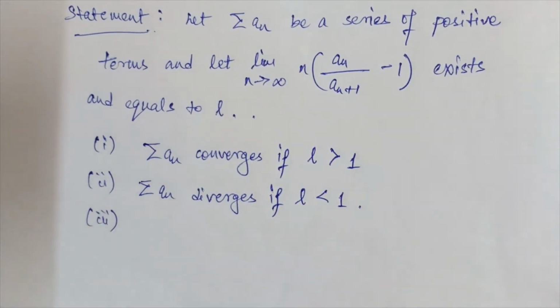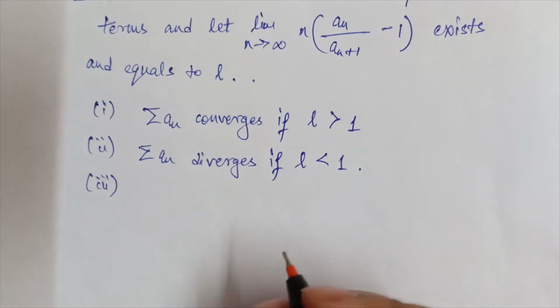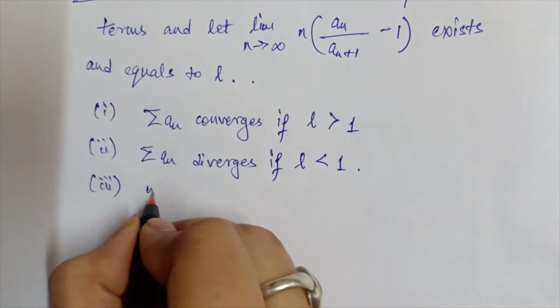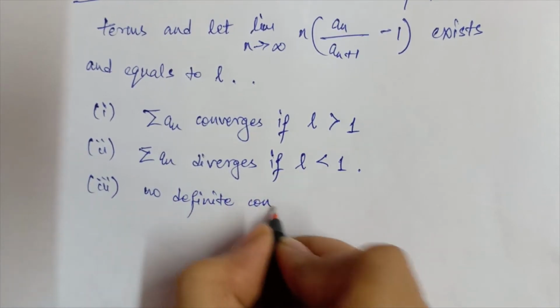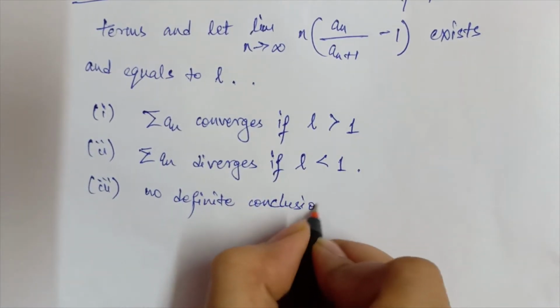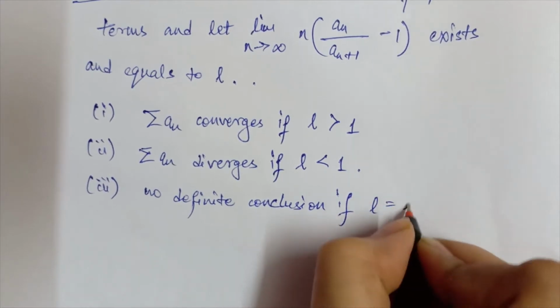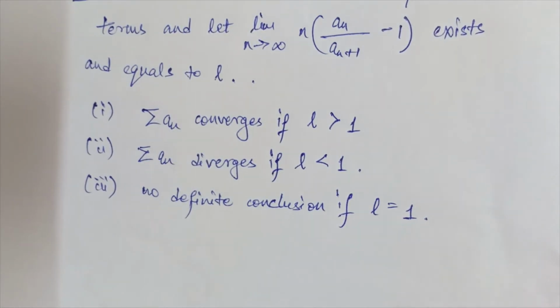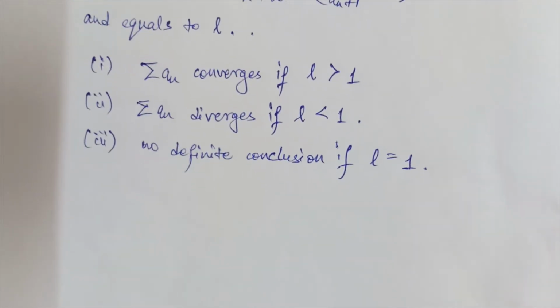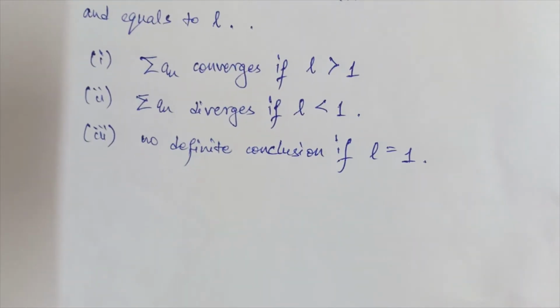And the third condition is, just like the previous case, we come to no definite conclusion if L equals 1. So Raabe's test is certainly applicable if D'Alembert's test is applicable, but Raabe's test may give a definite conclusion even if D'Alembert's test fails.